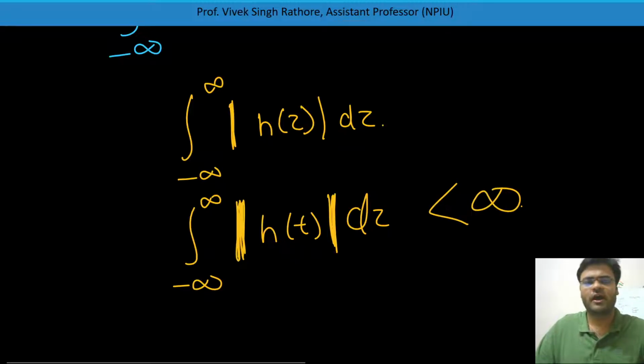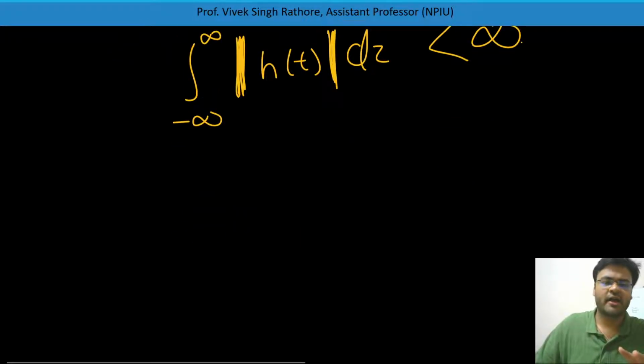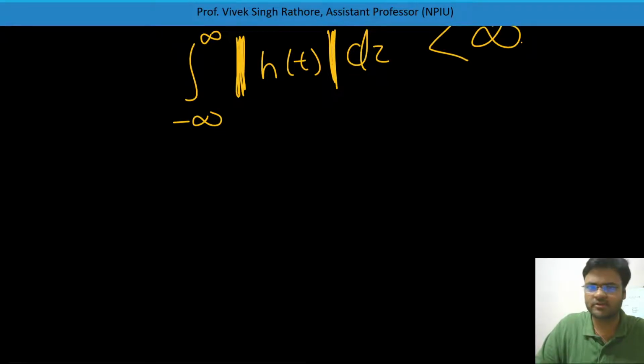So whenever you have been given an impulse response and you have been asked to calculate whether this system is stable or not, just try to integrate the magnitude of that h of t, and if it is less than infinite, then that system is stable, otherwise unstable.